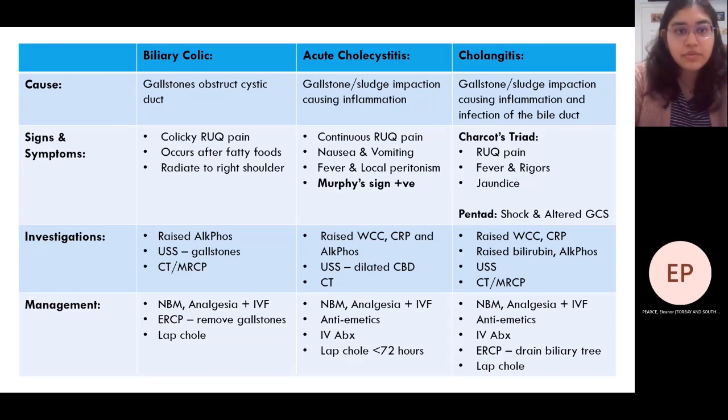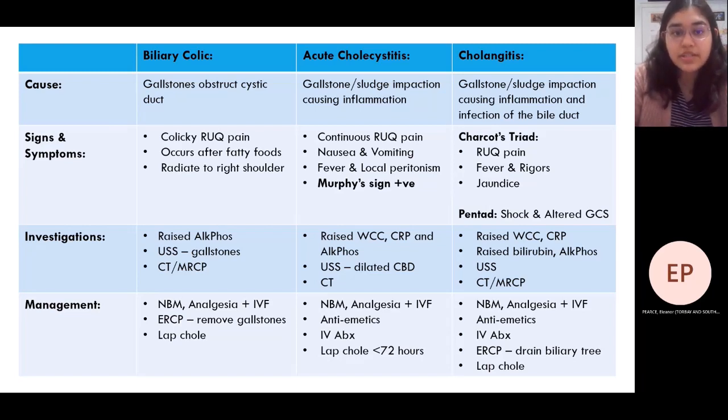So the treatment for all three of them is actually quite similar. If it's simple biliary colic, then you can consider an ERCP to just remove the gallstones, and a delayed laparoscopic cholecystectomy. I've discussed why in acute cholecystitis people need surgery within 72 hours. And for acute cholangitis, it's actually quite scary when people present with it, because they're often very, very unwell.